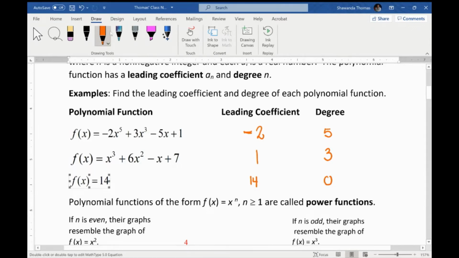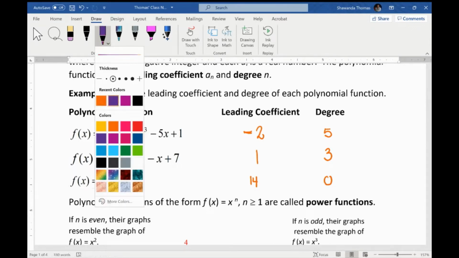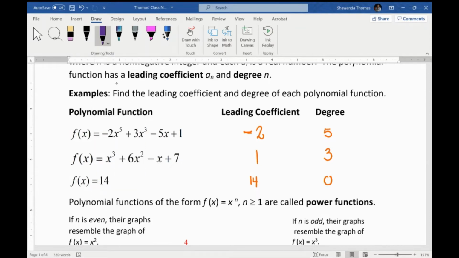Let me make up a problem. What about f of x equals 5x minus 7x squared plus 3x to the fifth minus 9x to the sixth? What is the leading coefficient? -9.